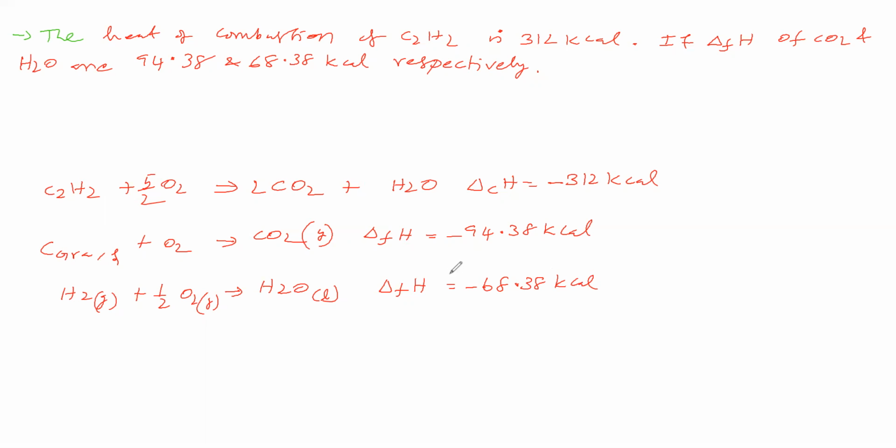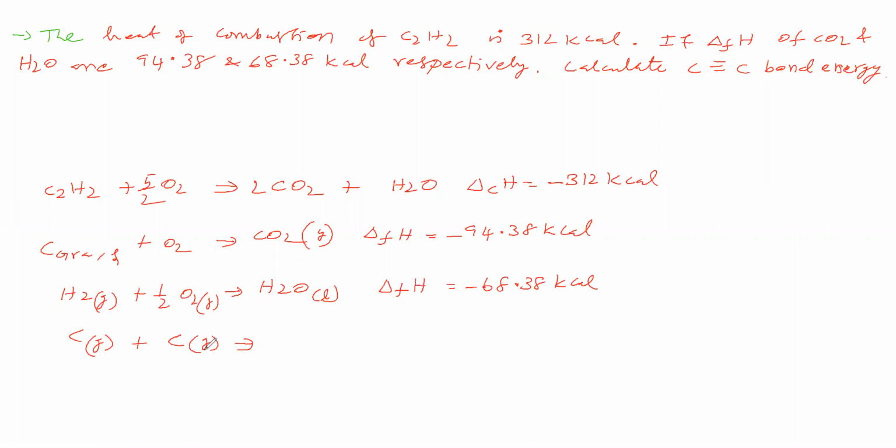Okay. Calculate C≡C bond energy. Now what they are asking is to calculate the C≡C bond energy. So what is the meaning of this, we will see. We have to take gaseous carbon and another gaseous carbon.